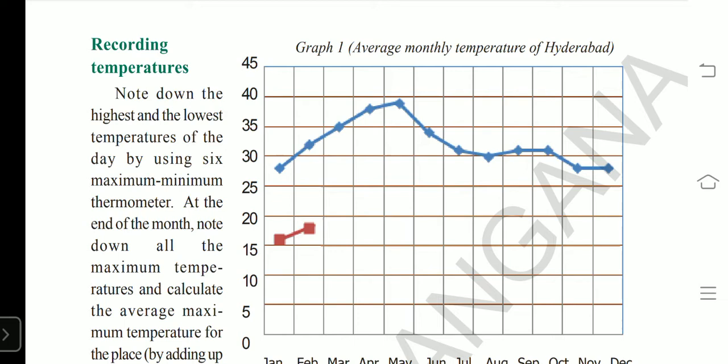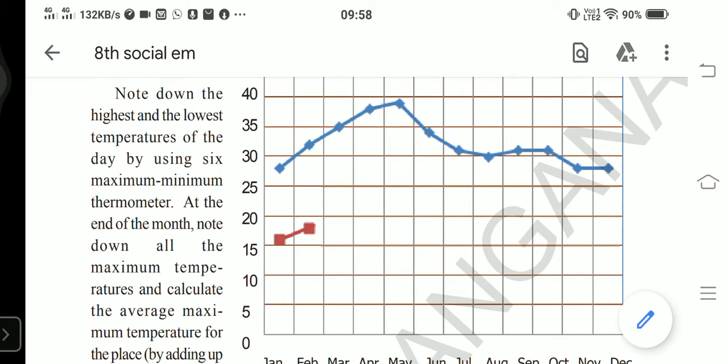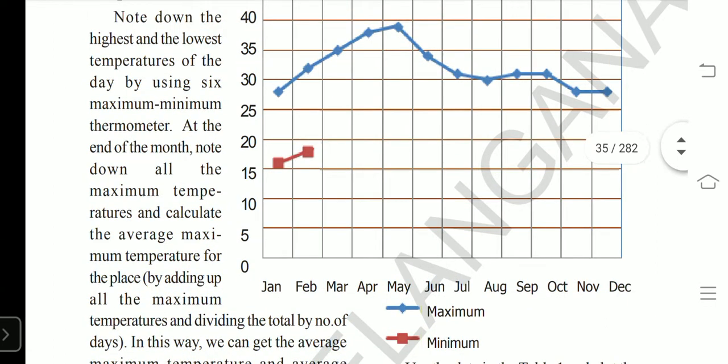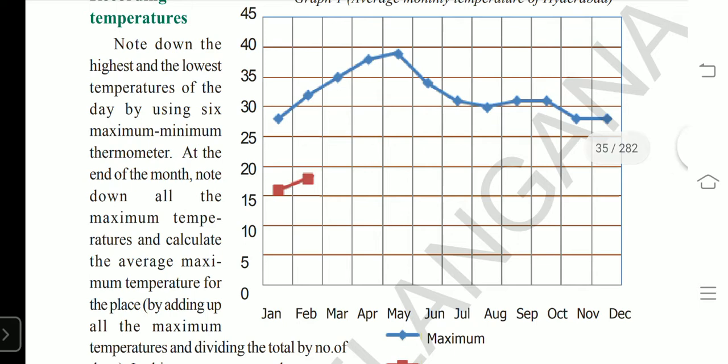The blue color indicates the minimum temperature, sorry, maximum temperature. Understand? Actually, red is usually taken for maximum, but in the graph it is taken for blue.